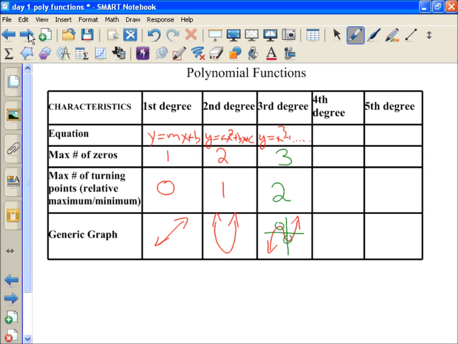The fourth degree equation will often look kind of like a W. Even with this bobble in the middle, you still have the same end behavior that you did in the parabola. And this one can have 4 zeros and 3 turning points. And hopefully at this point we've figured out what's going on.